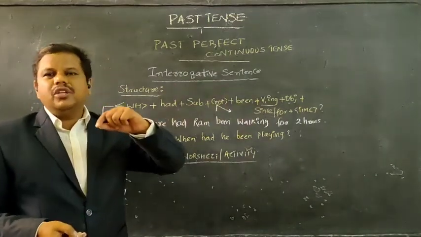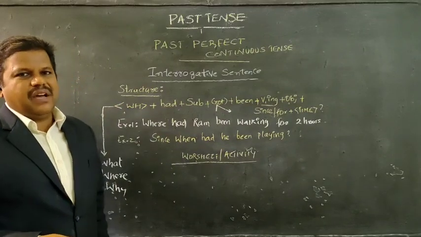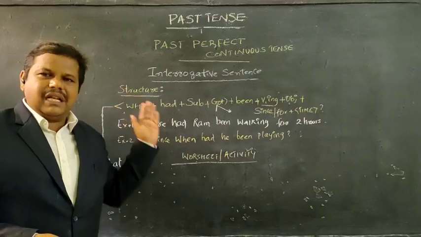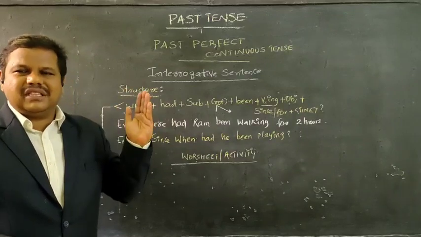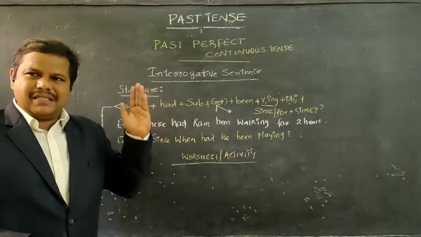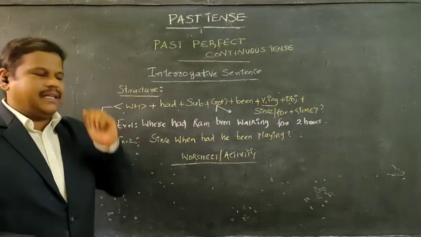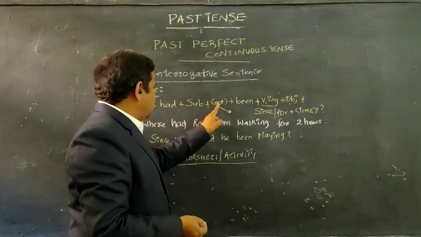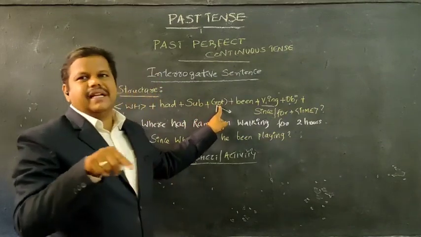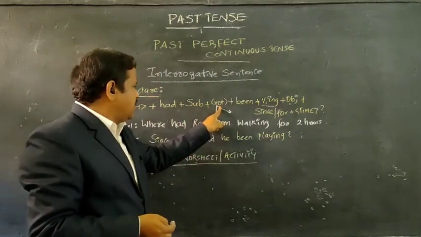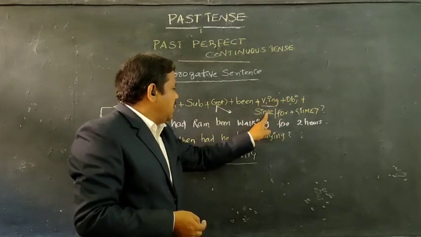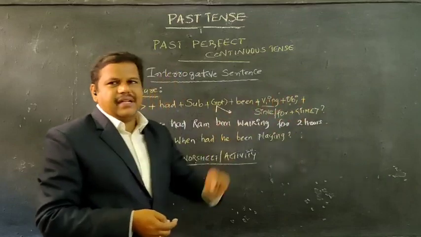I explained very clearly with a number of examples in the last sessions on simple past, past continuous, etc. So, WH plus had plus subject plus not, if the sentence contains it; otherwise it is not required. Plus been plus V1 ing plus object plus since or for plus time factor.